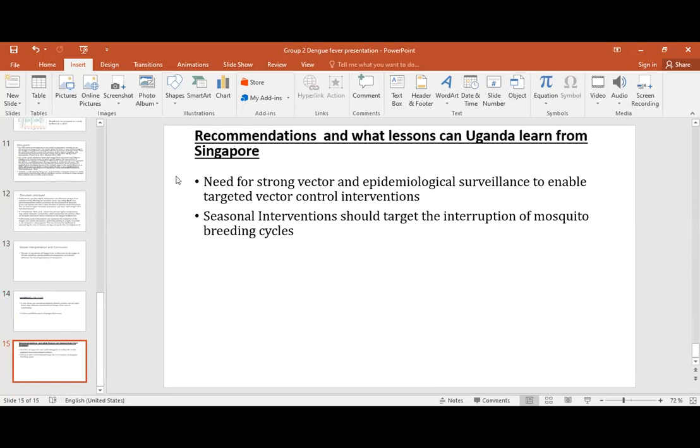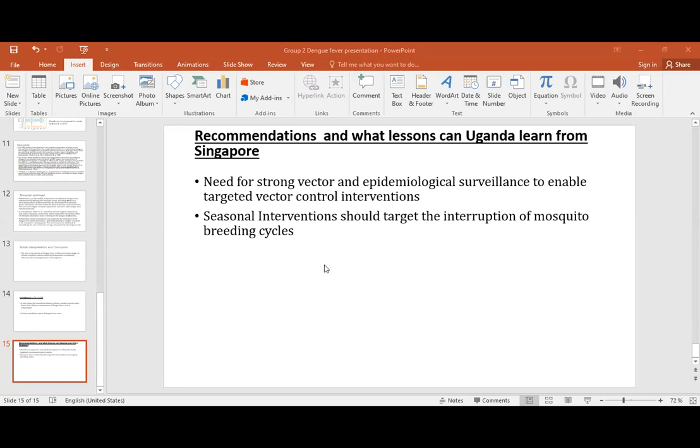That one there. Process, can you read the first one? There's need for strong vector and epidemiological surveillance to enable targeted vector control interventions. Then the second one? Seasonal interventions should target the interruption of mosquito breeding cycles. Given my earlier submission, can you make a comment on those recommendations?